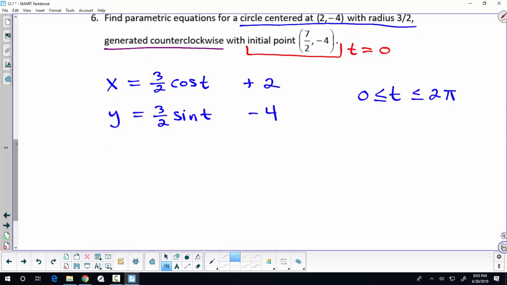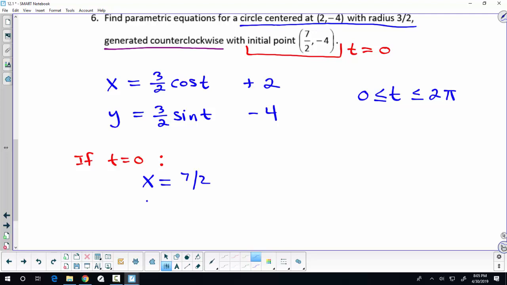So if t equals 0, what do we get for x? Yeah, we have cosine of 0, which gives us 1, so we have 3/2 plus 4/2, 7/2.